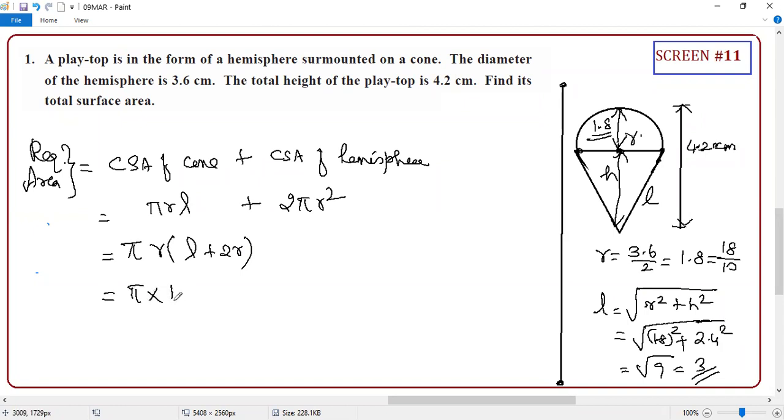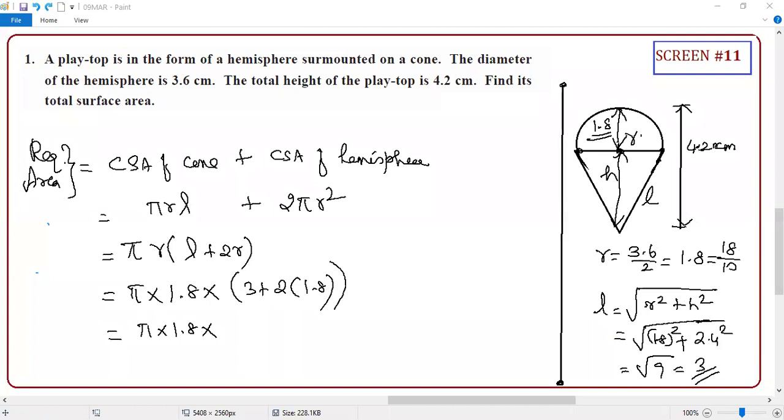R is what? 1.8. Let it be, okay? No cancellation. So L is what? 3 plus 2 into 1.8, student. So what is the final answer? Quickly. pi into 1.8 into what is this answer? Anyone can tell me? 2 into 1.8 is what? 3.6.